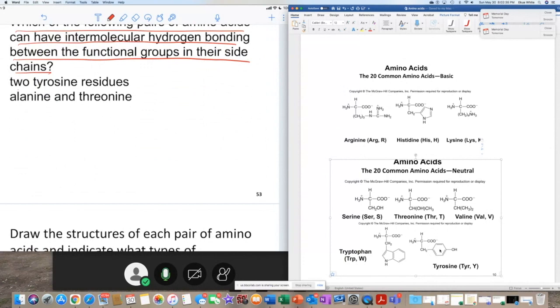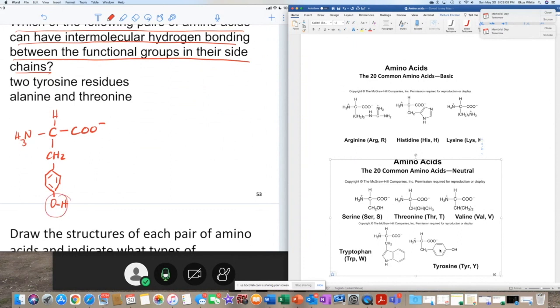If you look at the side group here, COO negative, NH3, H, CH2. Let me see, I have my benzene ring here. I have this OH.